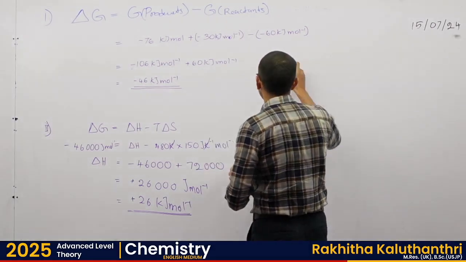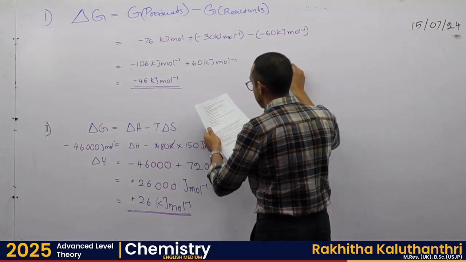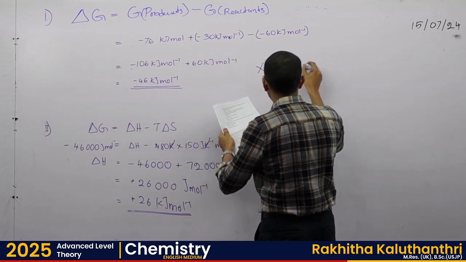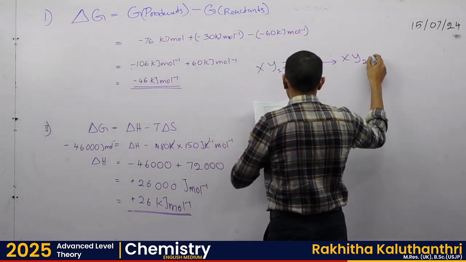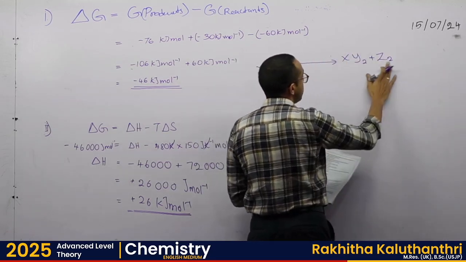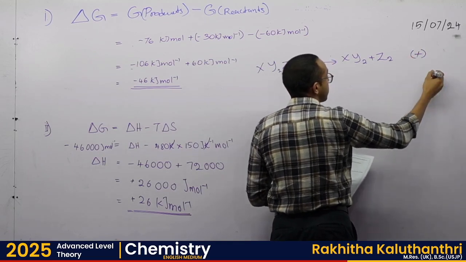So for those of you who are still wondering, the equation that is given to you is XY2Z2 turning into XY2 plus Z2. Basically this is a dissociation of that compound. So this has a delta H value that is positive.